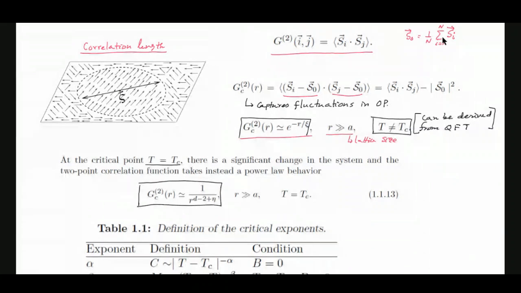Because this D here is the dimension of the space, that is, whether we are talking about 2-dimension or 3-dimension. And this eta is an exponent here, and this is in some sense our first encounter with what is called a critical exponent.